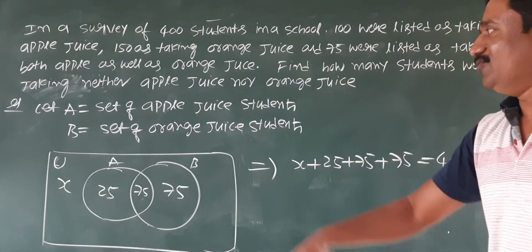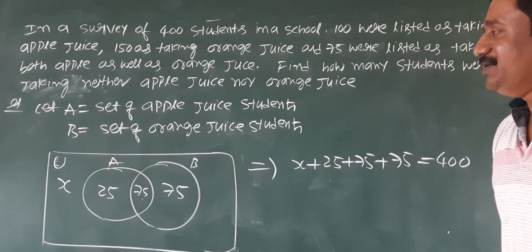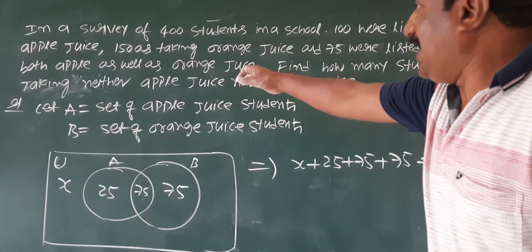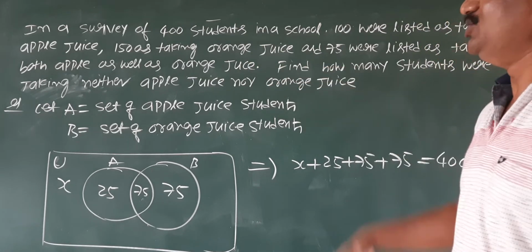Calculate X. What is X? X means the number of people who neither take apple juice nor take orange juice.